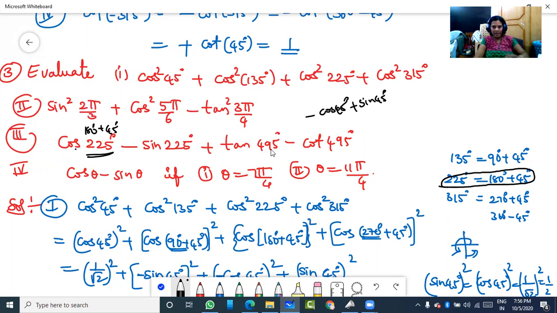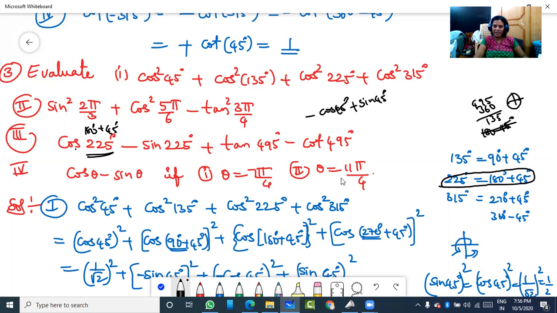Tan 495. That is nothing but 360 plus 135, since 495 minus 360 is 135. It can be written as 360 plus 90 plus 45. 360 means one rotation is completed.